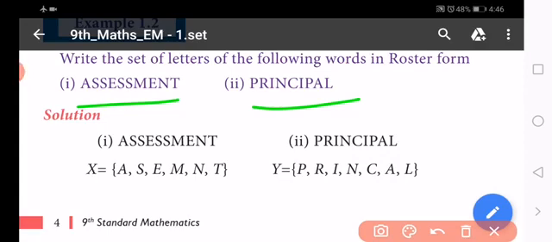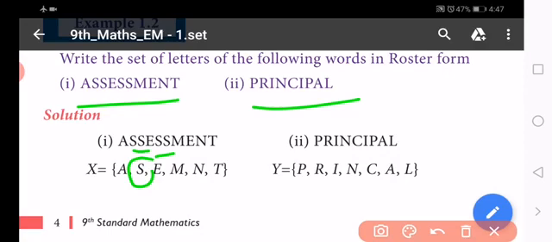In the roster form, there are some conditions. That means in roster form, each element of the set must be listed exactly once. Look at the first example: there are 4 S's in the word assessment, but in the answer only 1 S is used. By convention, the elements in a set should not be repeated.